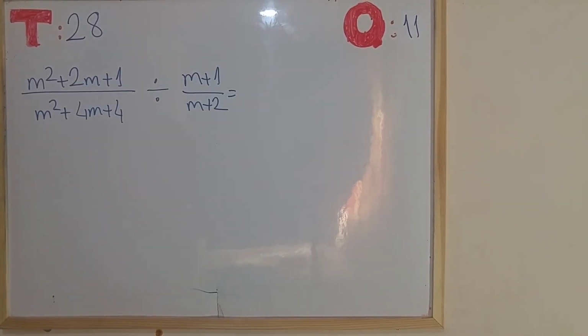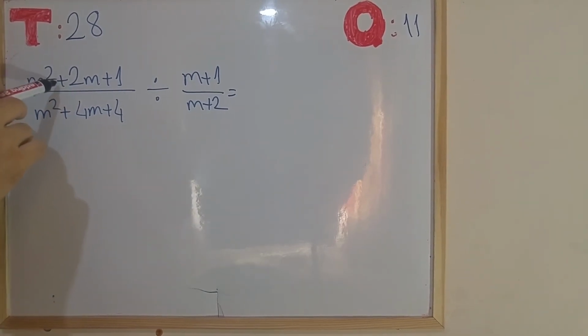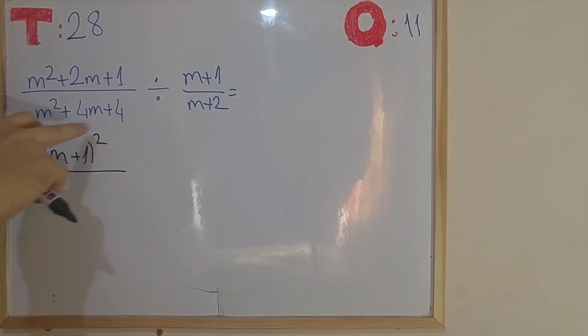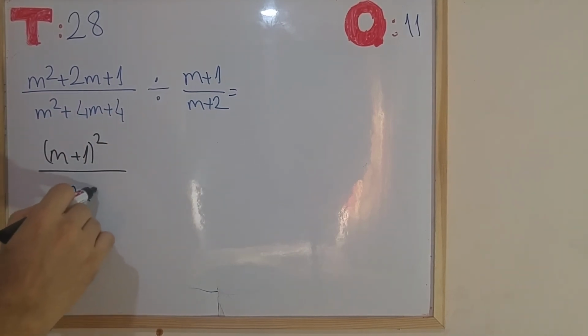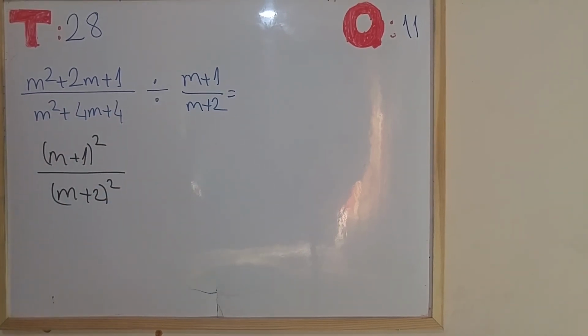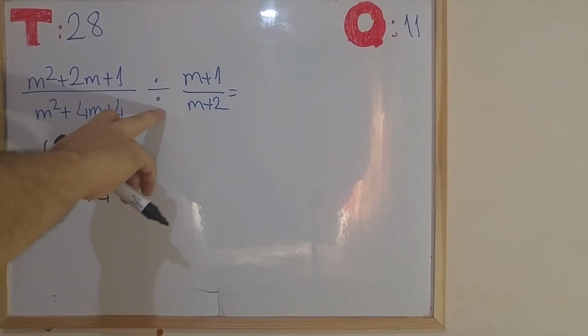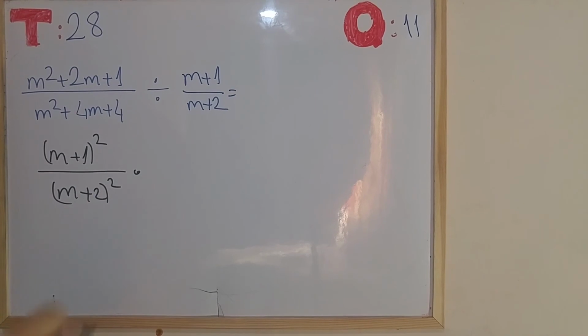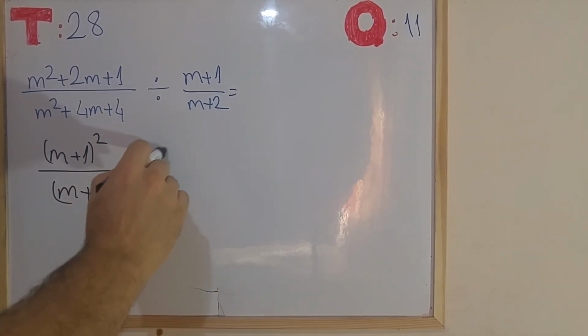In this question, you have probably seen that m squared plus 2m plus 1 is actually the square of m plus 1. And m squared plus 4m plus 4 is equal to the square of m plus 2. I have a division sign here. Let's make it multiplication by taking everything upside down. So m plus 1 will be up here.